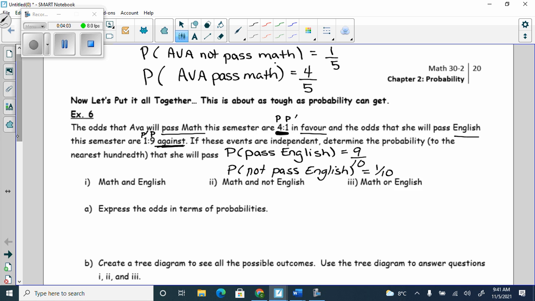Okay, what's passing math? 4 out of 5. And means I multiply. What's passing English? 9 out of 10. Multiply and reduce.